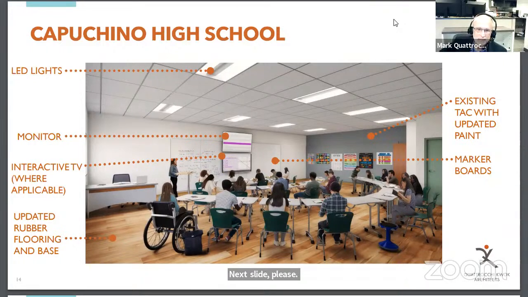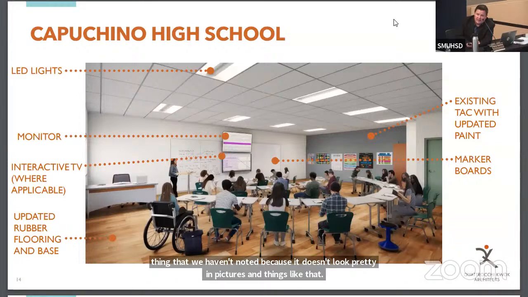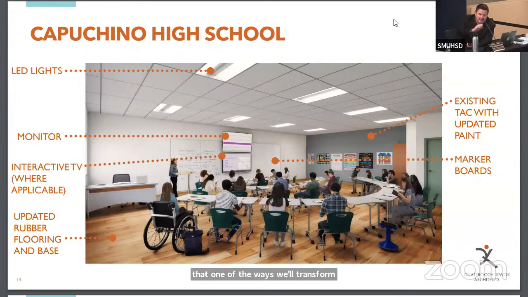This is great. One thing that we haven't noted, because it doesn't look pretty in pictures, is that one of the ways we'll transform the classroom is by updating and modernizing the IT infrastructure behind the walls.